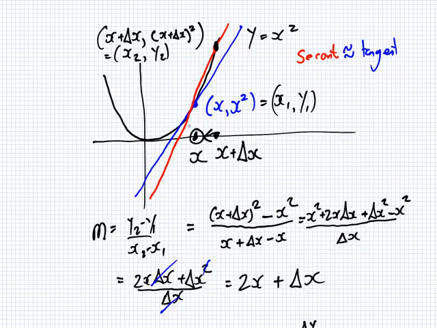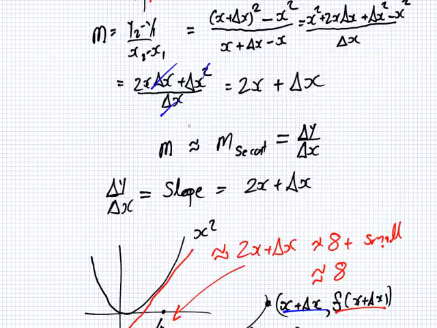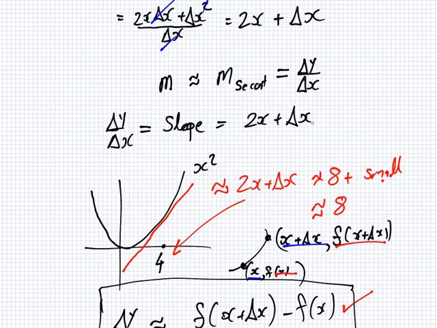What I need you to imagine is if I have the 2 points and I bring this point down here, then it's now only 1 point. So in this example, we had 8 plus a small number, and that small number was delta x. If I make delta x really small, I can make it actually into a tangent.